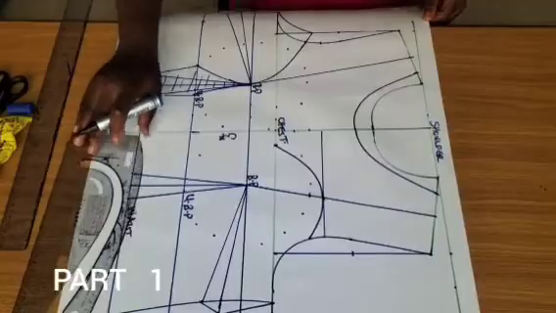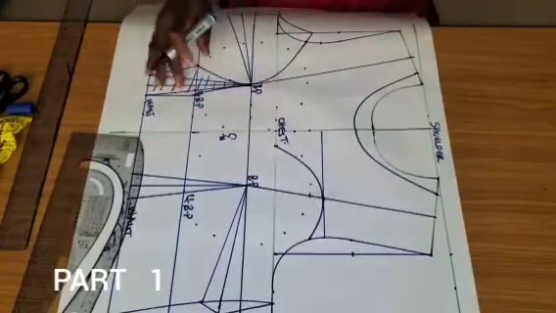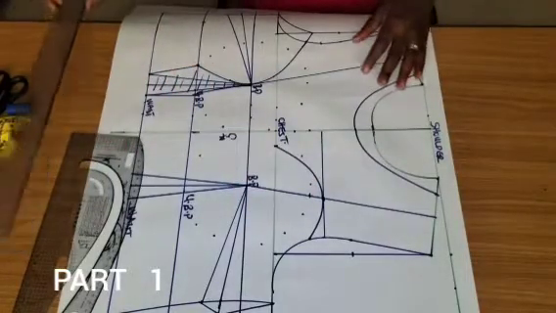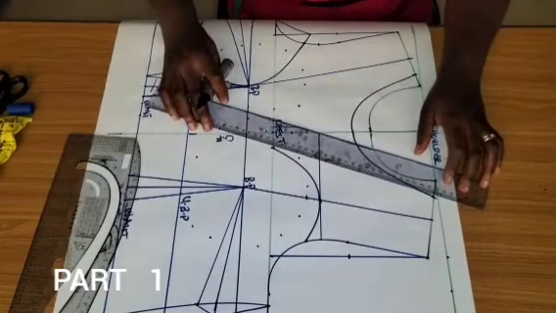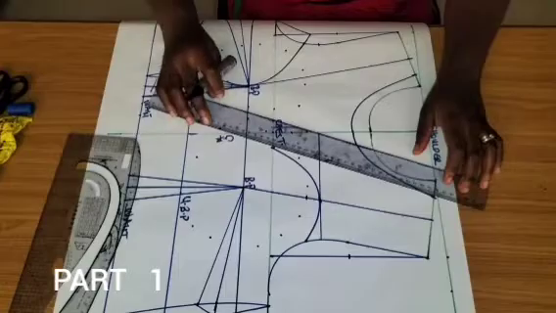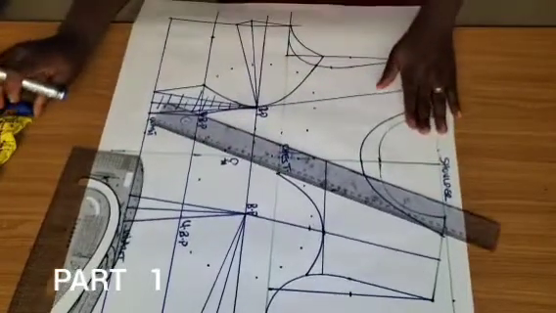All right, people, so we have created the yoke. Now I'm going to connect what I have on my yoke. From that point, I'm going to connect it to this point.